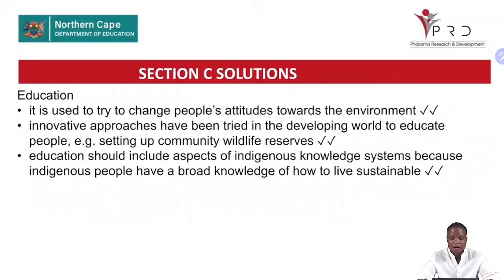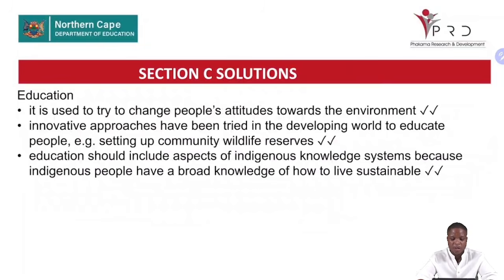Right, and we have education. Through education, the government can ensure sustainability. It changes people's attitude. The more people understand how harmful their activities are to the environment, they start acting better. Right? So it is used to try to change people's attitude towards the environment. Innovative approaches have been tried in the developing world to educate people, e.g., setting up community wildlife reserves.